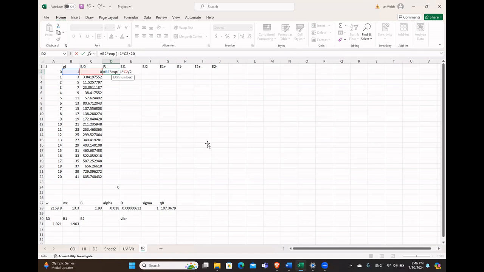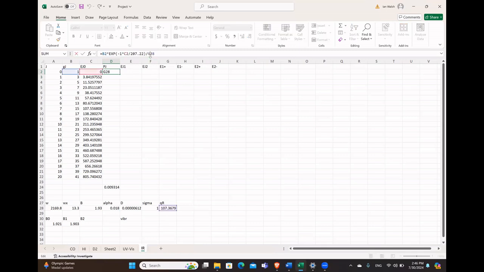Again, KT in inverse centimeters is 207.22, so you can just put that in there. Then we will divide this by the rotational partition function Q. And that's going to give us the probability of being in rotational state 0.